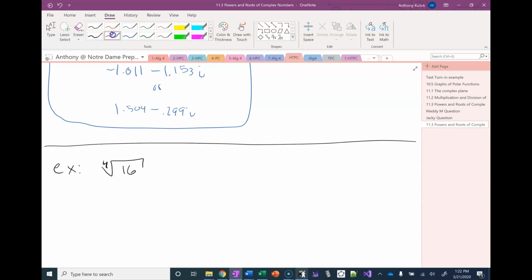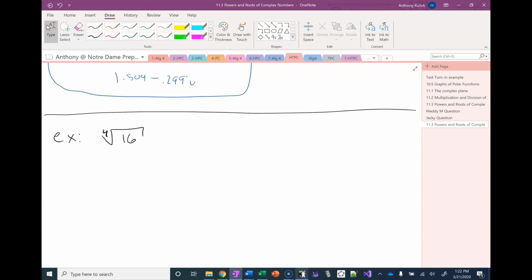If I want all of the 4th roots of 16, the first thing I have to do is rewrite 16 as a complex number. So that's just 16 plus 0i. So the r there is just the square root of 16 squared plus 0 squared, which is obviously just 16.